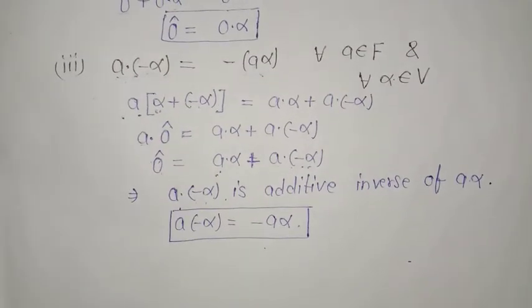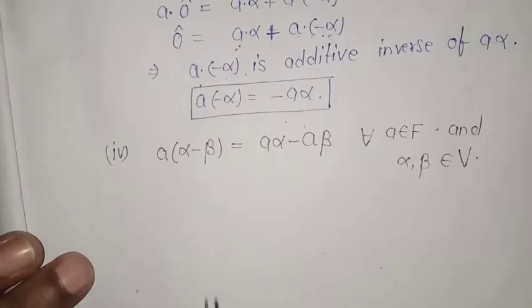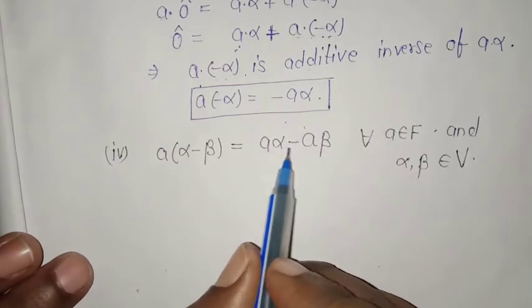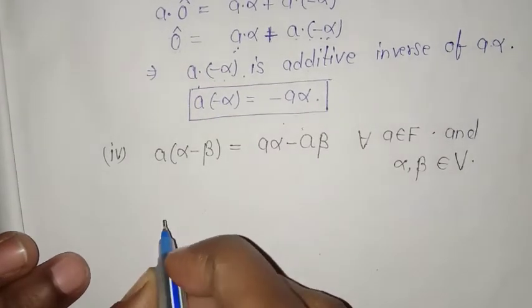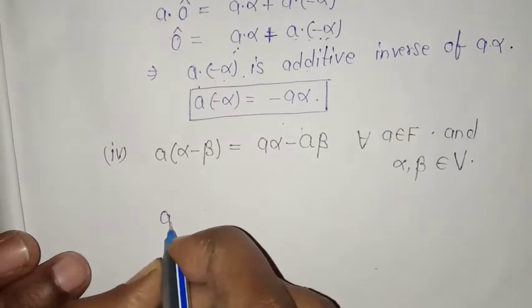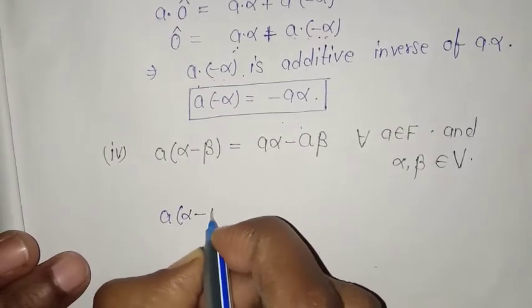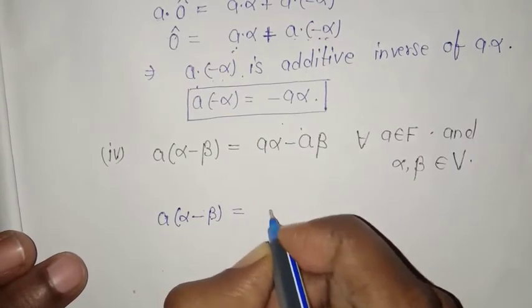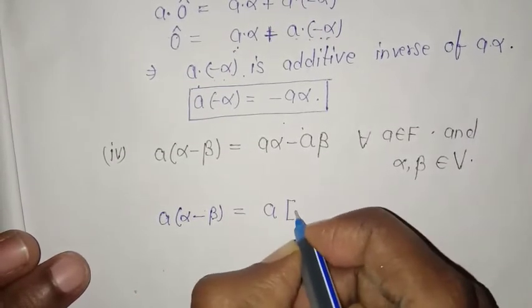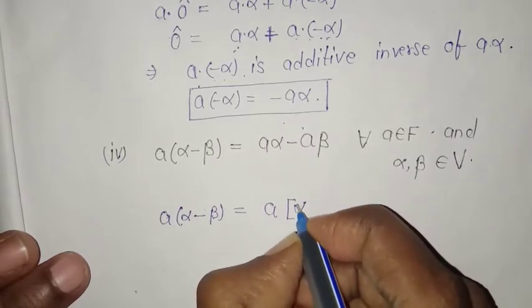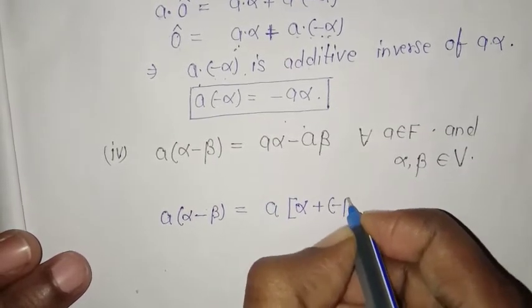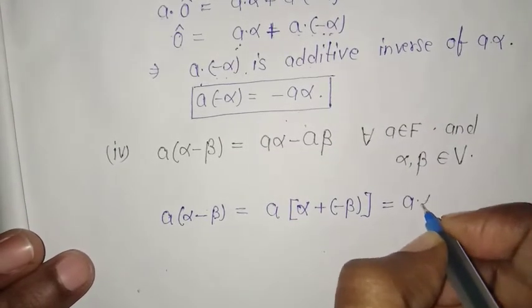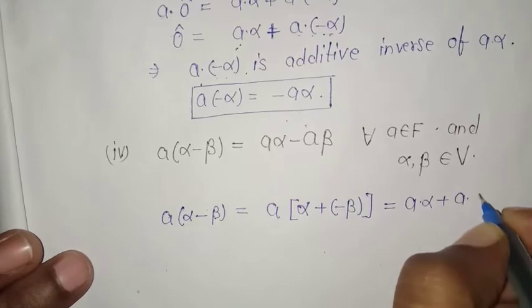Now let's move to our next property. So this is our fourth property: A dot alpha minus beta is equal to A alpha minus A beta. In order to prove this property, we will take A dot alpha minus beta. I can write this element in this form, that is alpha plus minus beta, and if I use distributivity, this becomes A dot alpha plus A dot minus beta.